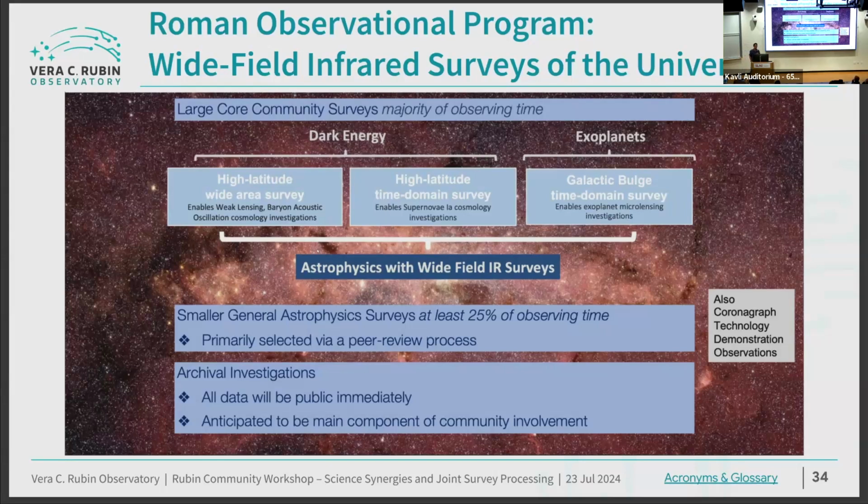So that will consist of roughly 75% of the observing time. The remaining 25% of the observing time will be selected from smaller general astrophysics surveys that people can write proposals and propose to do. All of the data will become public immediately, as Aaron said earlier.